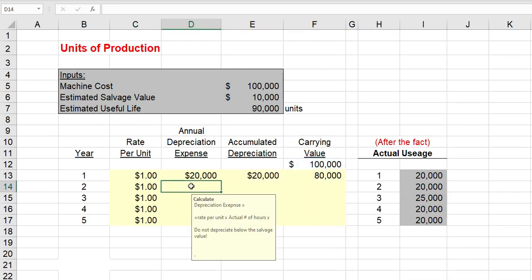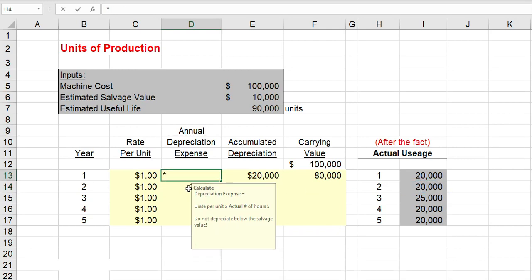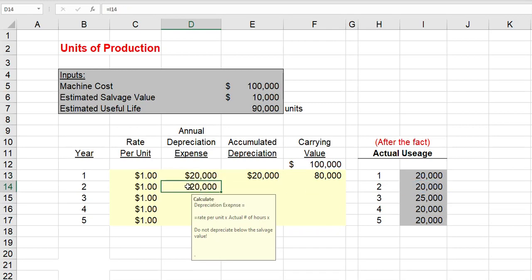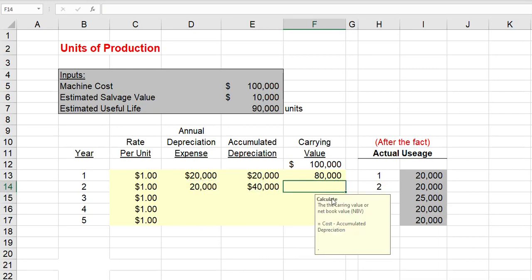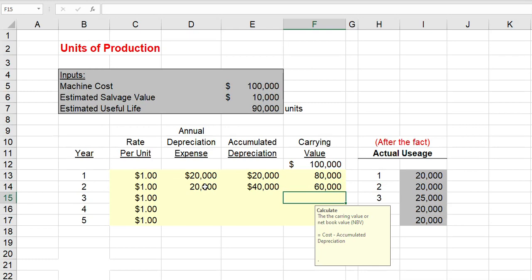Second year, we've got 20,000 units times $1 per unit. Our accumulated depreciation now is the 20 from the prior year plus the current year's 20,000 expense. And our carrying value will be the prior year's carrying value, which is 80,000, minus the current year's expense of 20.